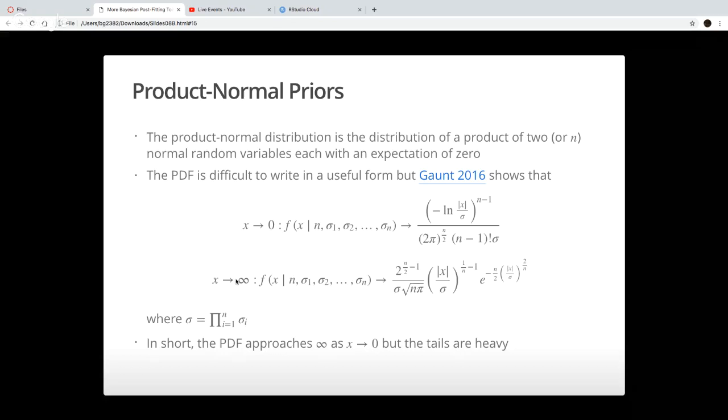And as x gets big, the tail of the density function is much heavier than the tail of a normal distribution or an exponential. So it has the same sort of characteristics: a lot of concentration near zero, but heavy tails.